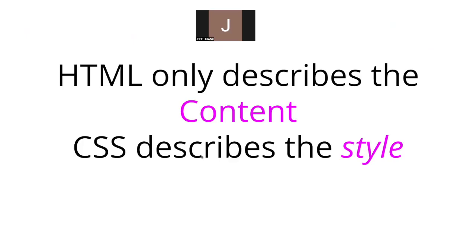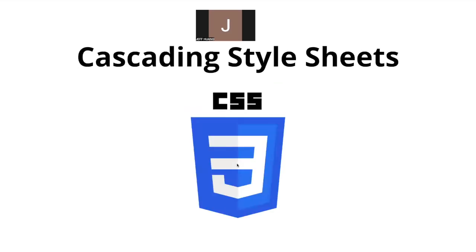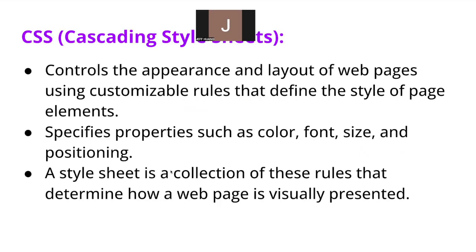All right. So that was HTML, but you have to remember HTML is only the content. It's the CSS that makes it look pretty and describes the style. So what is CSS? It stands for Cascading Style Sheets. CSS controls the appearance and layout of web pages and uses customizable rules that define the style of your elements.